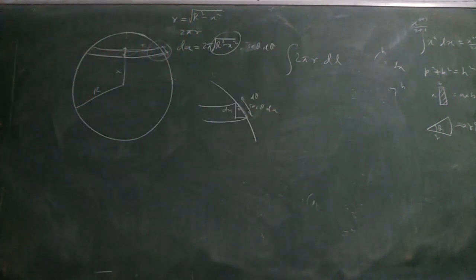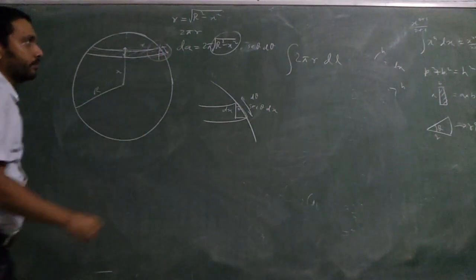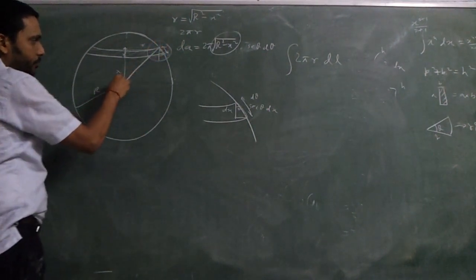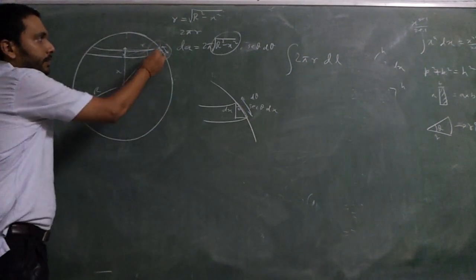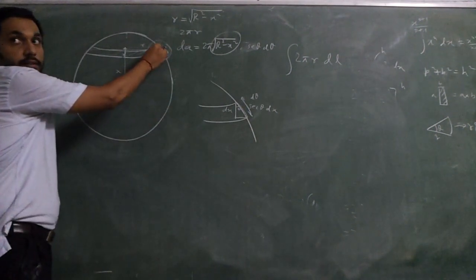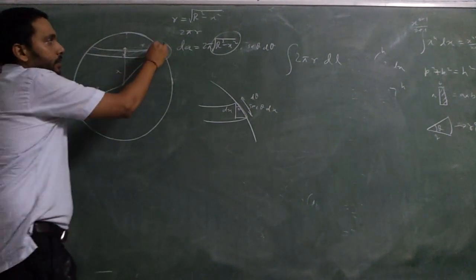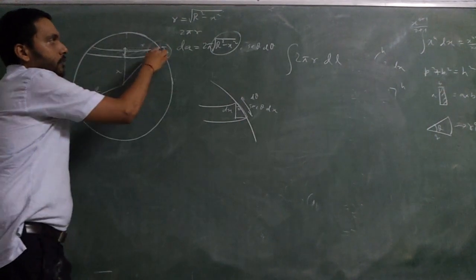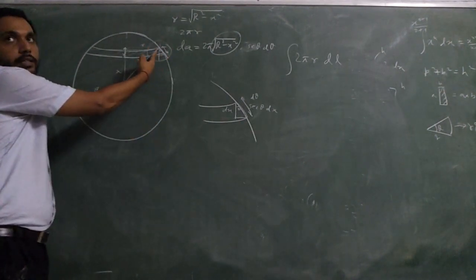Now what is that sec theta? I am saying the vertical angle over here is theta. If I draw the radius, which angle is theta? This angle is 90 minus theta. Can you see? With the radius the tangent makes 90 degrees. This angle is theta, so this angle is 90 minus theta. So they are alternate angles.